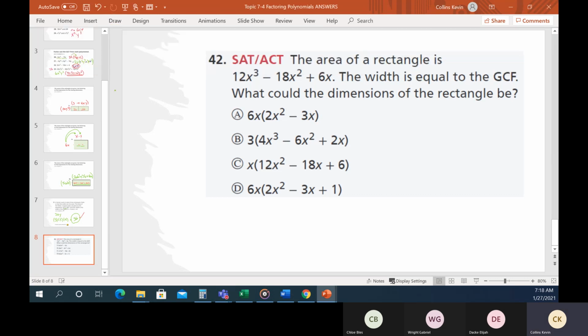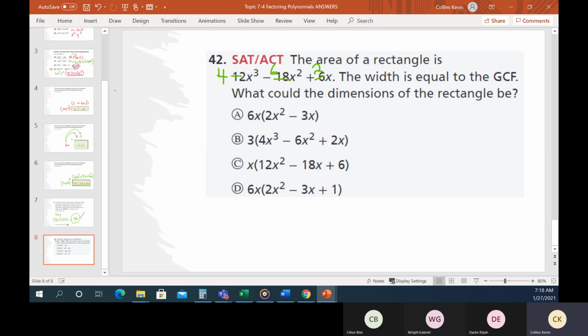If I divide 12 by 3, I'm going to get 4, right? If I divide 18 by 3, well, actually it's negative 18, I will get negative 6, right? And if I divide 6 by 3, I'm going to get 2.